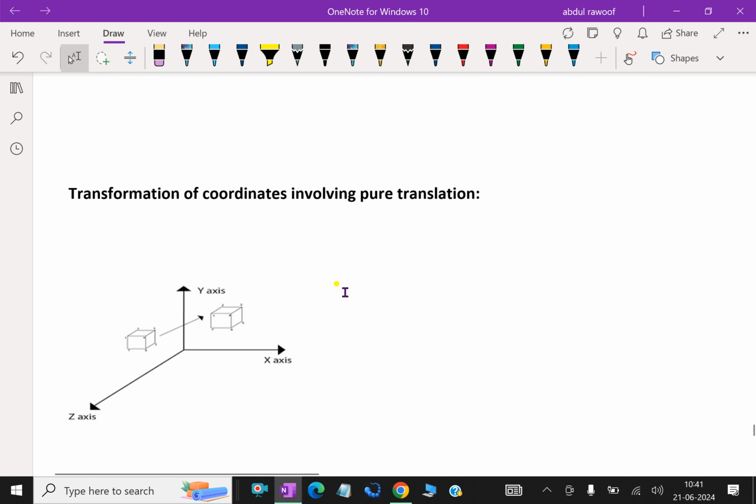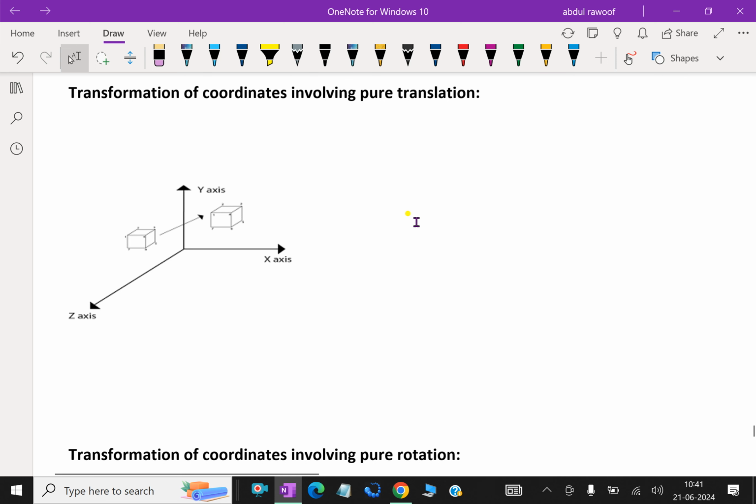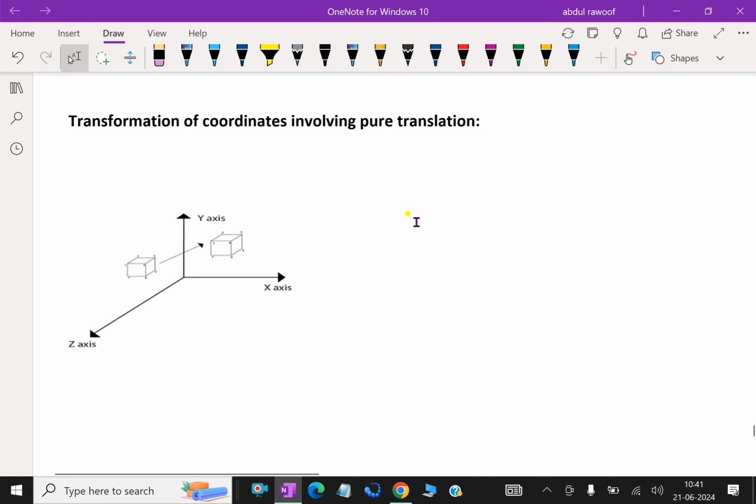Next, transformation of a coordinate involving pure translation. That means in the XYZ coordinate system, one object is translated to another position, without rotation. It is pure movement, pure translation.